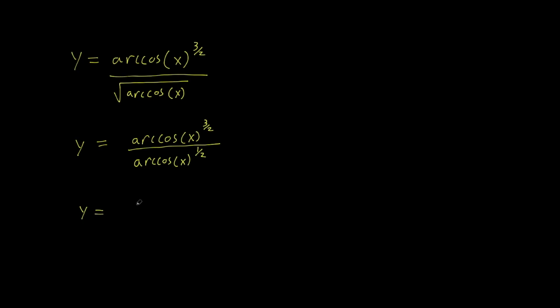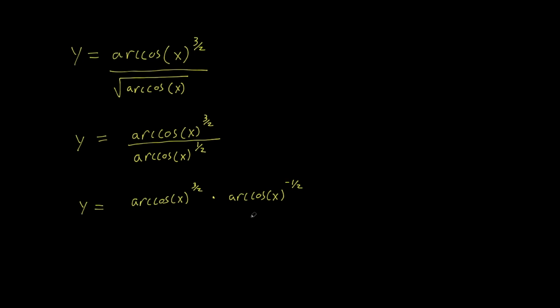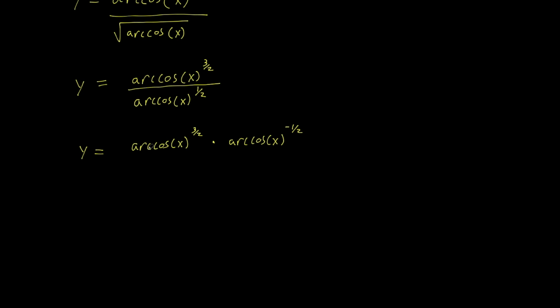So now we can rewrite this again as arc cosine of x to the 3/2 times arc cosine of x to the negative 1/2. And since when you multiply factors with like bases, you add the exponents, we can do the following.